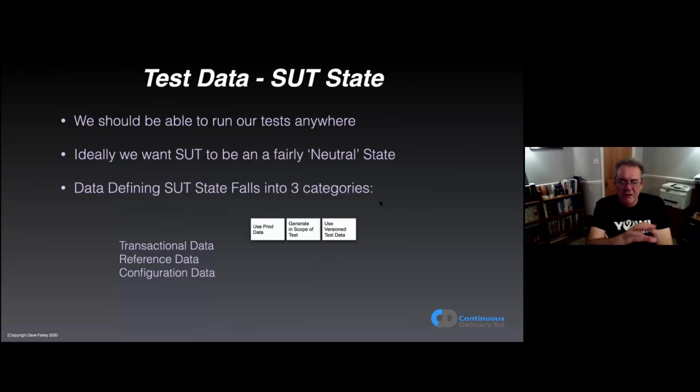So let's go through each of these three classes of data and see which of those strategies works best. I don't want to use production data for testing transactional behaviors. I see this quite a lot in clients that have a reasonably, if you'll forgive me, old-fashioned take on automated testing. They'll just throw production data at their system.